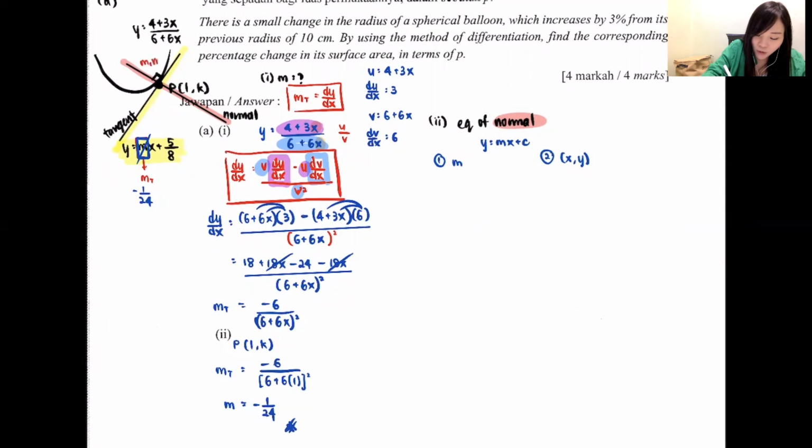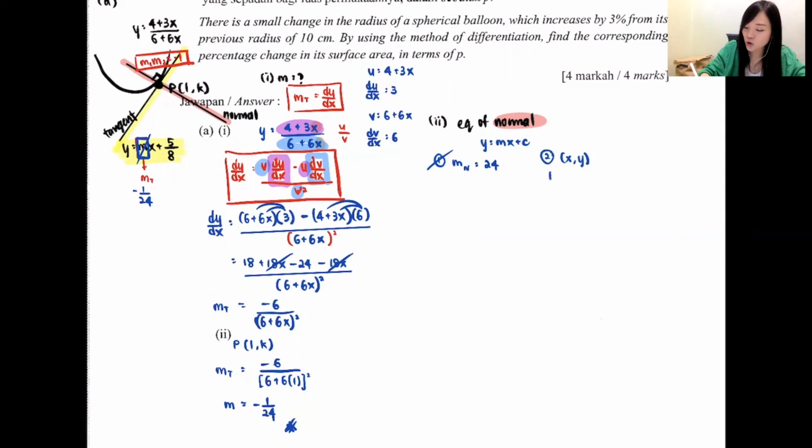Please remember the formula: m1 times m2 equals negative 1. So you all know the shortcut method. If my tangent gradient is negative 1 over 24, then my normal gradient will be the flipped version: negative becomes positive, 1 over 24 flipped is 24 over 1. Yep, my normal gradient is 24.